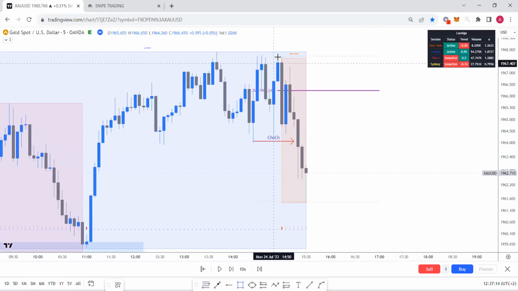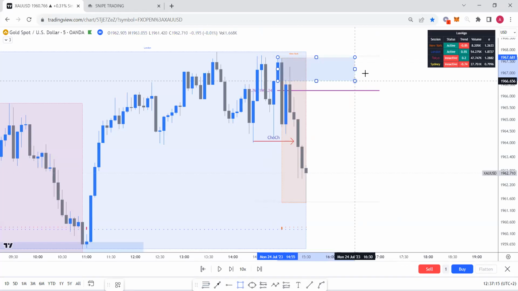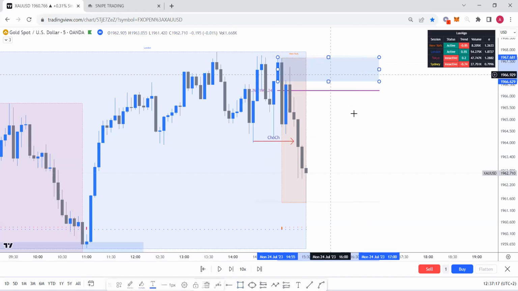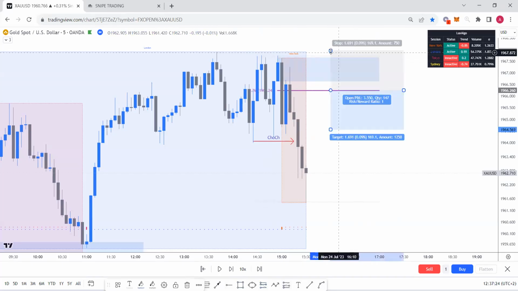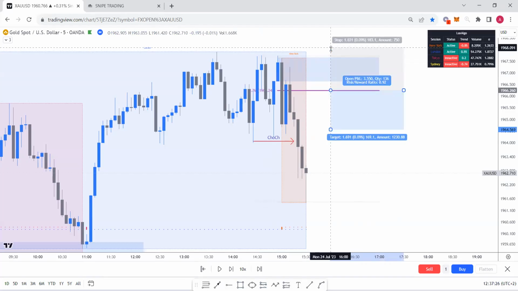We look at a supply zone. This could be the supply zone, but as it's a very thin supply zone, we could even enter at the fib area, because this would just give us a 17 or 18 pip stop loss, and then just target whatever.